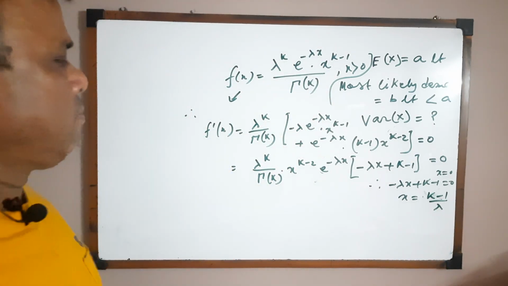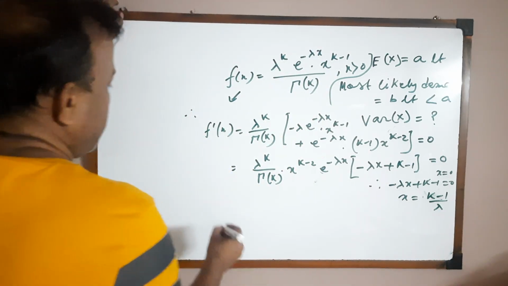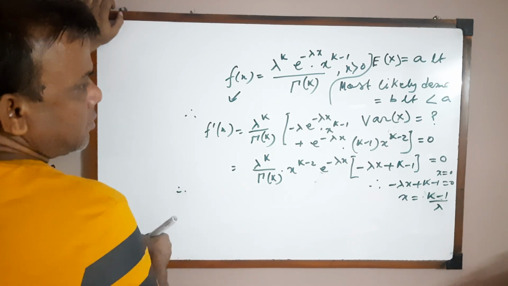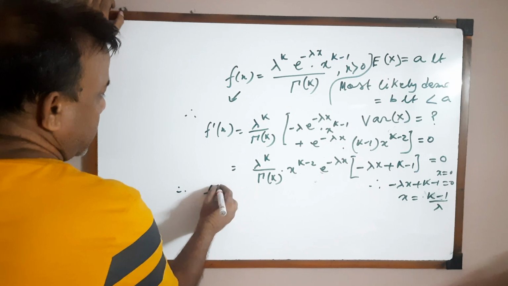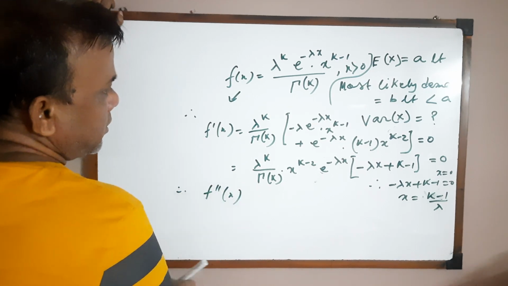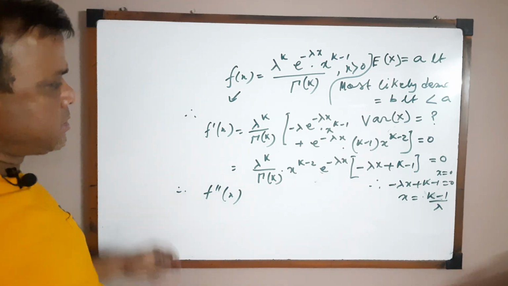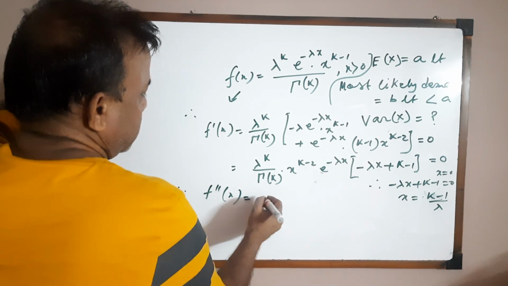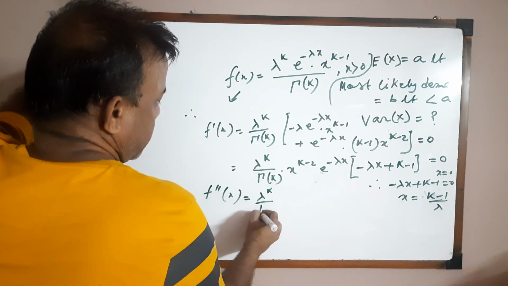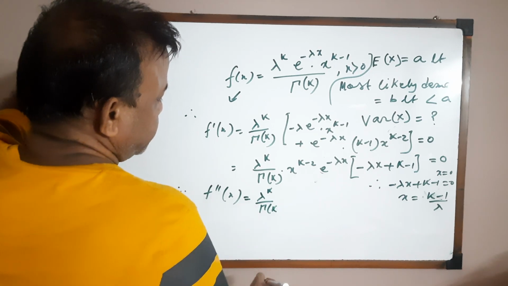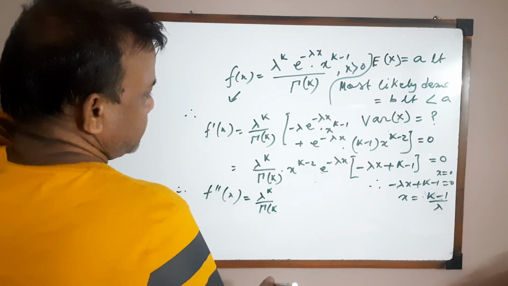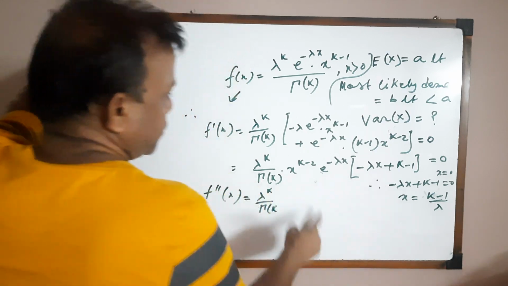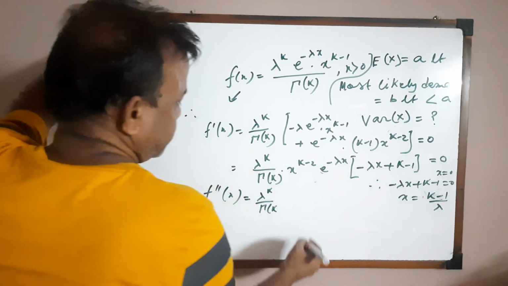Now, differentiating once again, we get f double dash x equal to lambda to the power k by gamma k, with the product u into v into w.